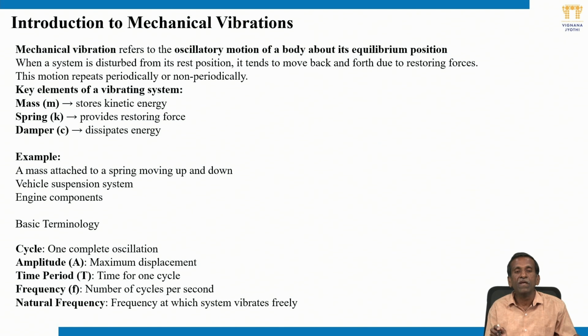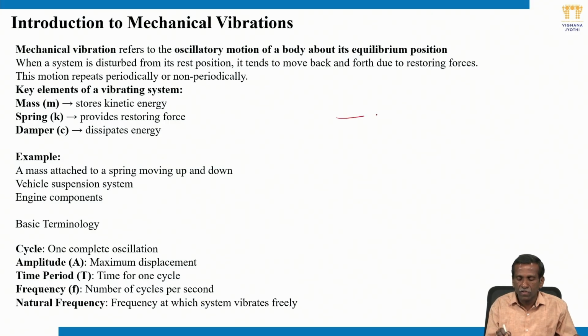Once you release the applied force, it restores back. One more element is the damper, the external agency which tries to resist this motion. Any external cause, we will discuss in detail in the coming session.